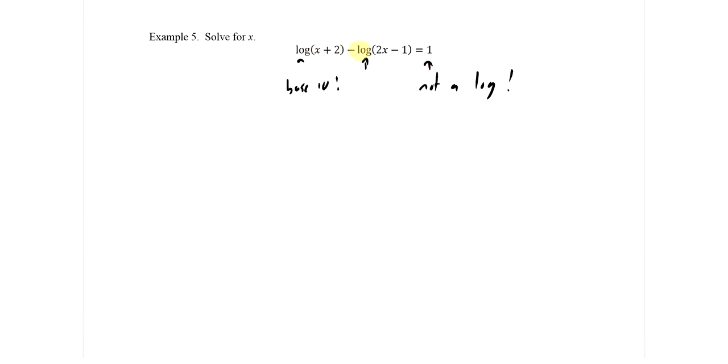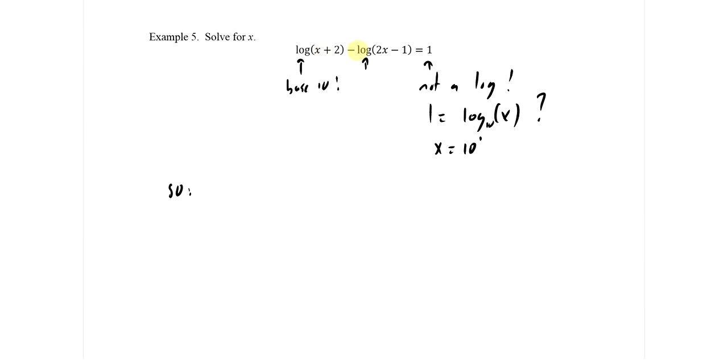This is log of something, this is log of something, this is not log of something. So we need to turn that into log of something. So 1 equals log base 10 of what? Well, this is base 10 again, right? So x must be 10 to the 1, or 10.